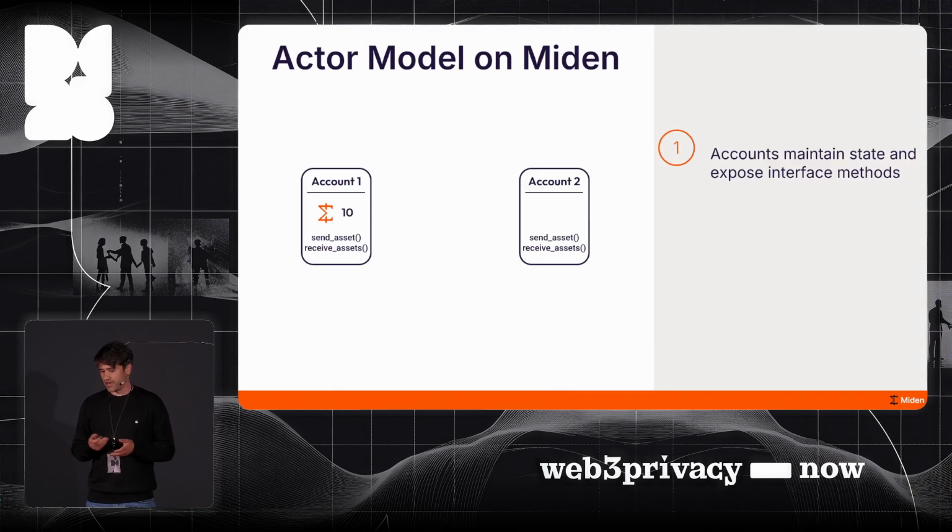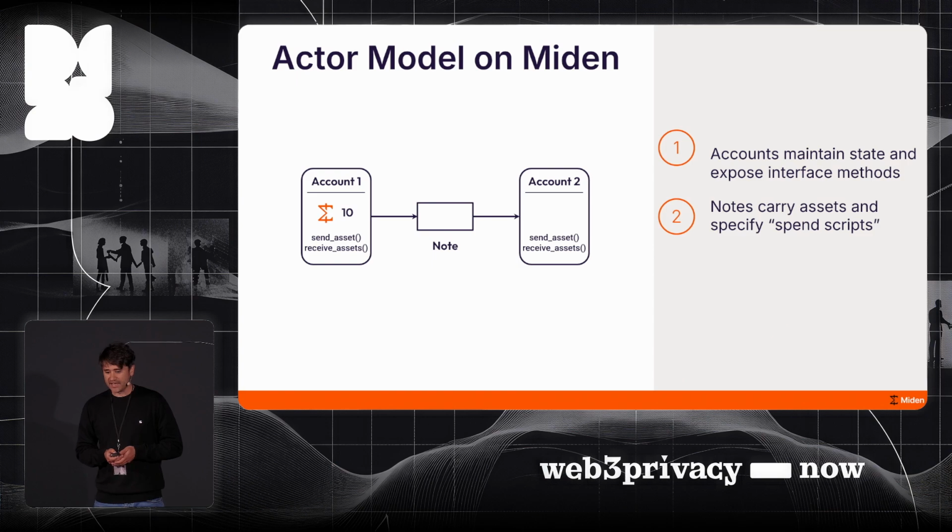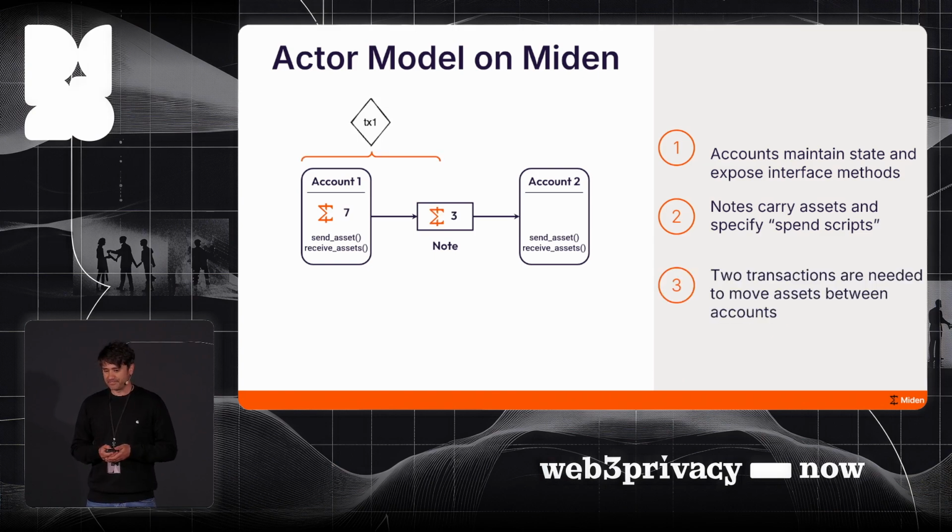We apply the actor model in Maiden in the sense that we have accounts, which work the same way as on Ethereum: they maintain state and expose methods, or have certain code. Every account is a smart contract, and they create nodes, which can carry assets and have certain spend scripts or spend conditions. You need two transactions to transfer an asset from one account to another.